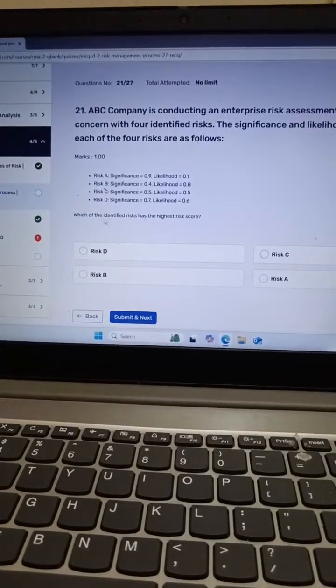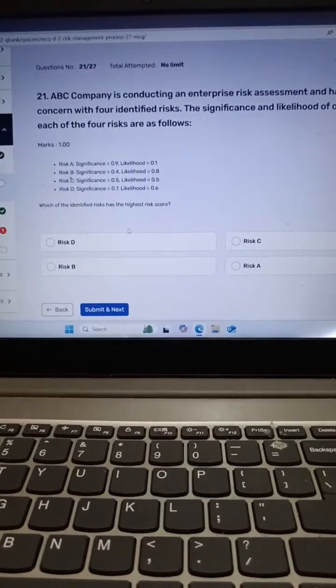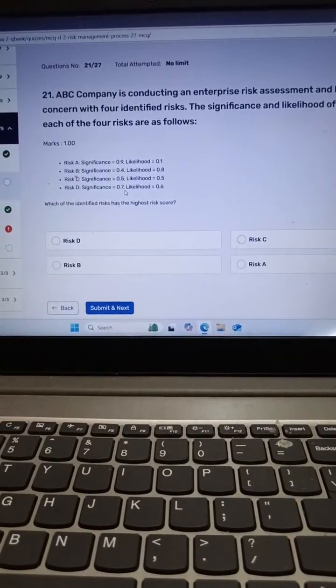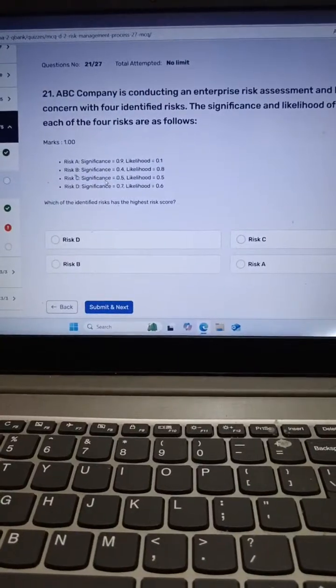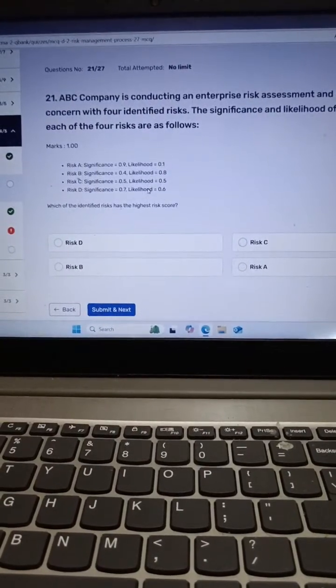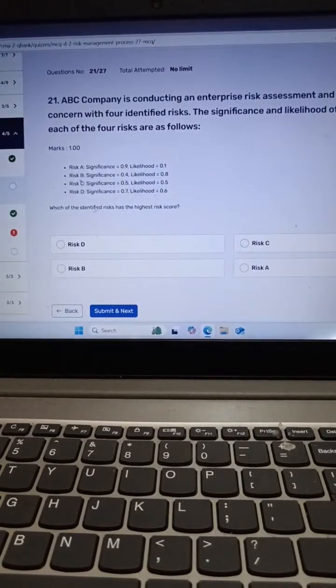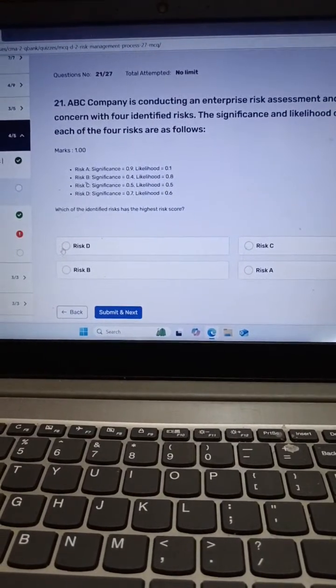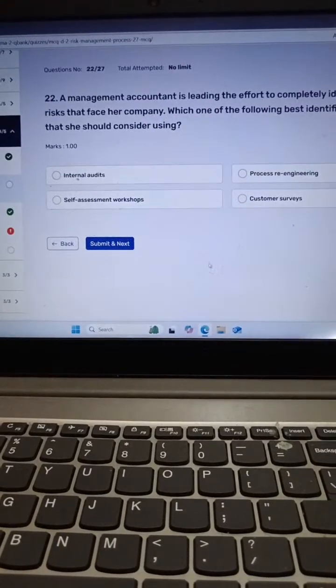Which of the identified risks has the highest risk score? It means we just need to multiply both this one and this one. This is the significant probability and this is the likelihood. If we multiply, the highest is option D, and option A is the correct answer. Let's move to the next question.